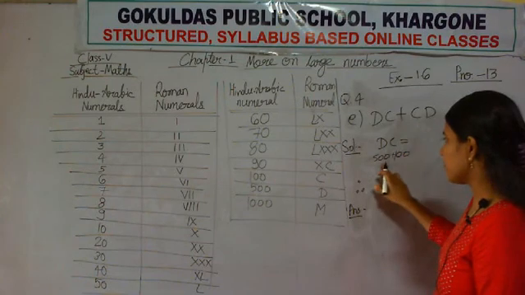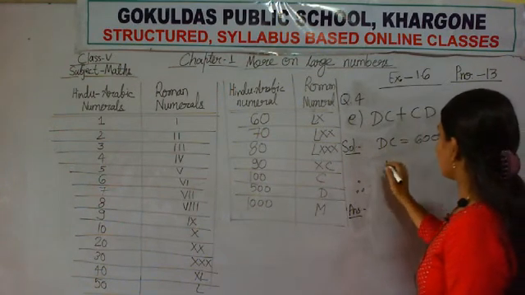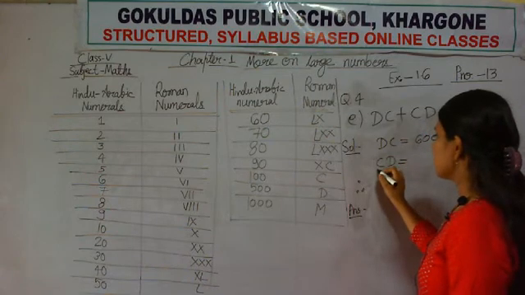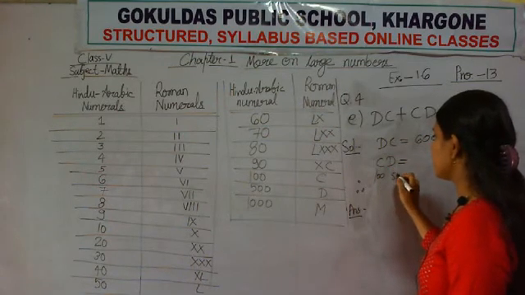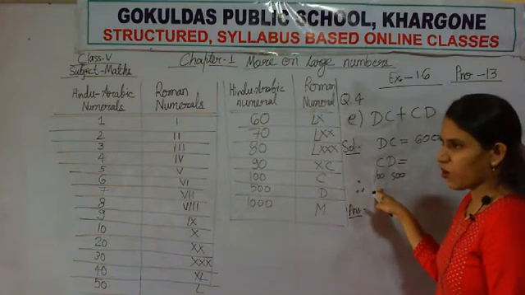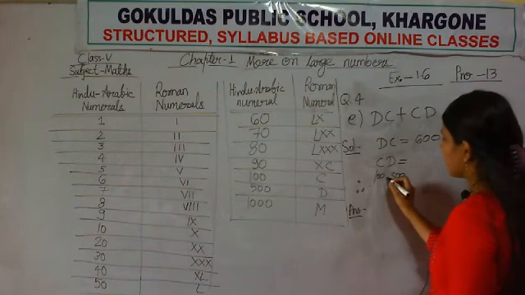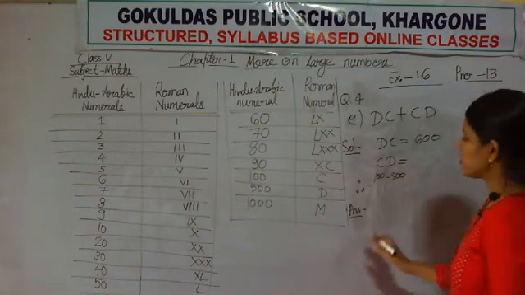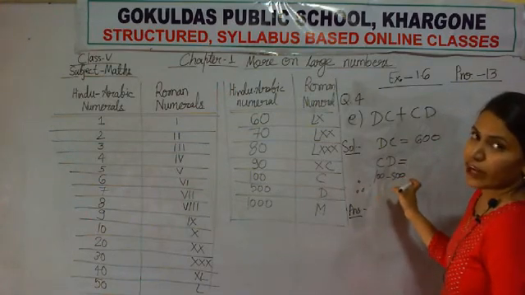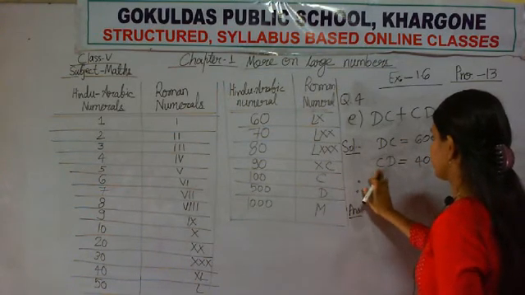So it shows addition. 500 plus 100, 600. Okay. Now CD. C represents 100 and D represents 500. Now you observe that the smaller number is written left to the larger number. So it shows subtraction. Now subtract 100 from 500, you will get 400.